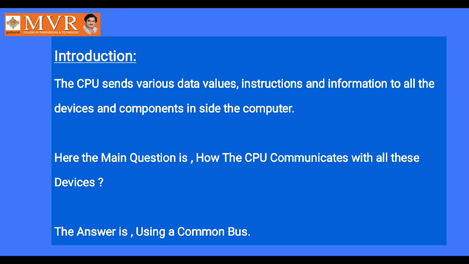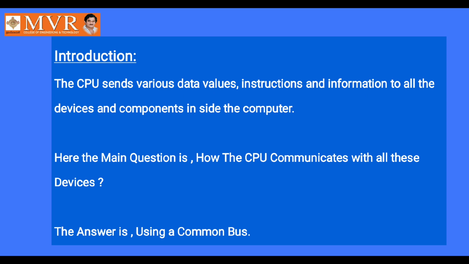That's why the CPU sends various data values, instructions and information to all the devices and components inside the computer. For sending all these instructions to various devices, the component we use is the bus.